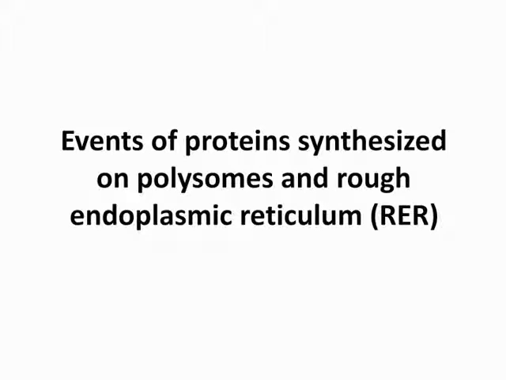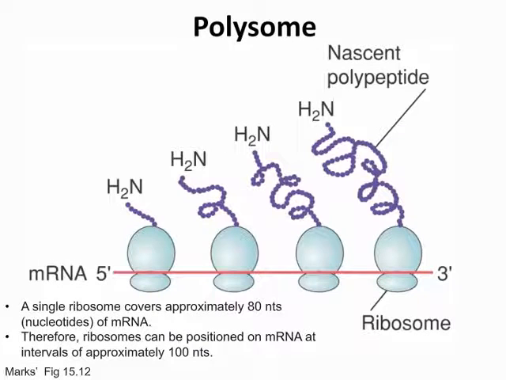So here's another one of your learning objectives. Describe events of proteins synthesized on polysomes and rough ER. So what is a polysome? So we know that one ribosome moves along the mRNA, and that produces your polypeptide chain. Well, a second ribosome can bind to the free 5' end of the mRNA.